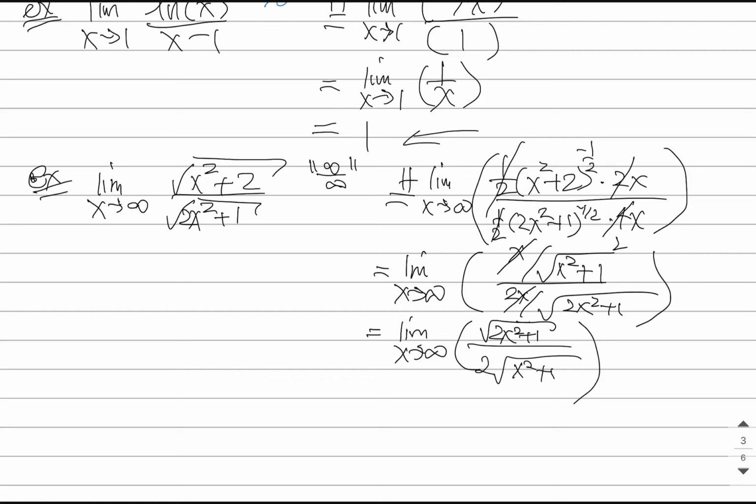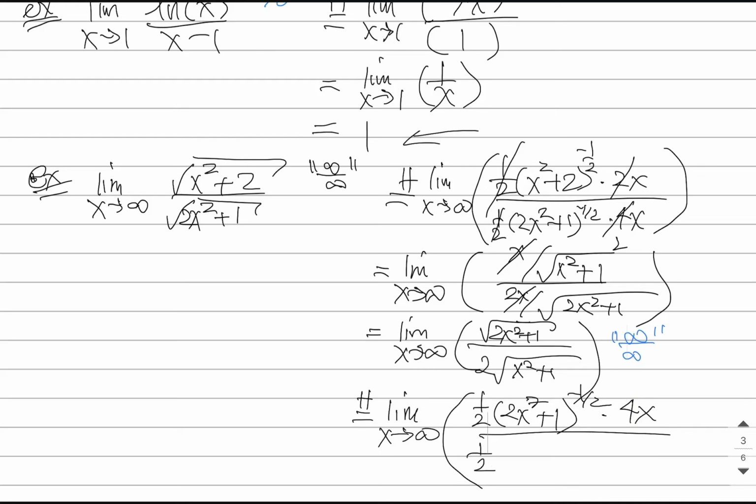Now, students just like to plow through. L'Hopital's rule's got to be able to do it. So I'm going to sneak a peek again. I'm going to see infinity over infinity. Well, what you're going to find is that if you use L'Hopital's rule again, you're going to get a similar situation to what you had before. You take the derivative like a good student, and you get a 4x up here, and a 1/2 (x squared plus 1) to the minus 1/2, 2x down there.